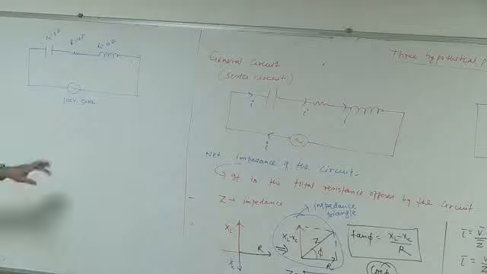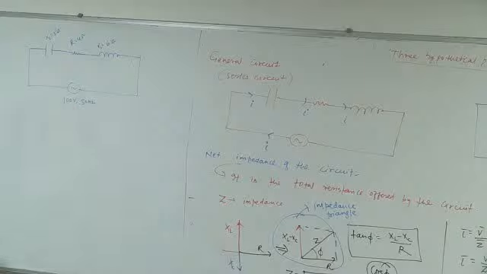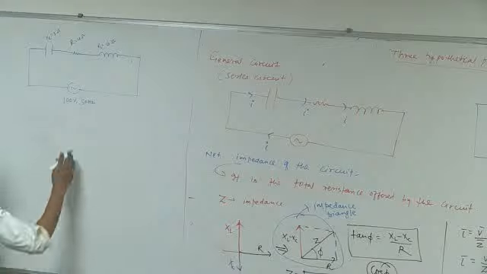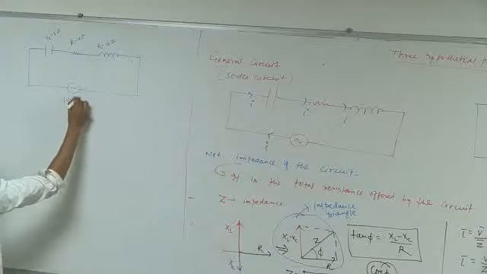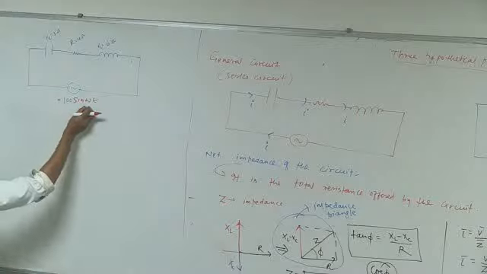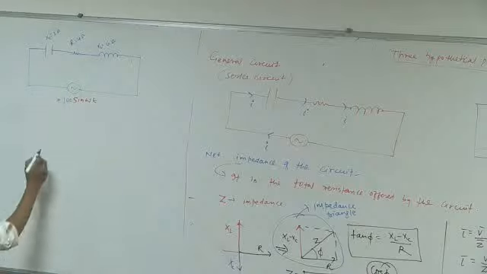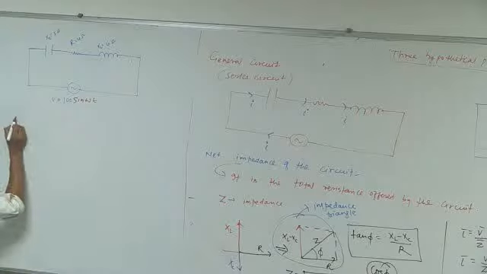Here this is 100 volt. Is this RMS value or peak value? RMS. All the readings or ratings are given in RMS value. But here I am taking this as a sinusoidal function, 100 sine of omega t. Omega value is given in such a way that we know the value of XC, XL and everything. Now let us calculate the impedance of the circuit, Z.